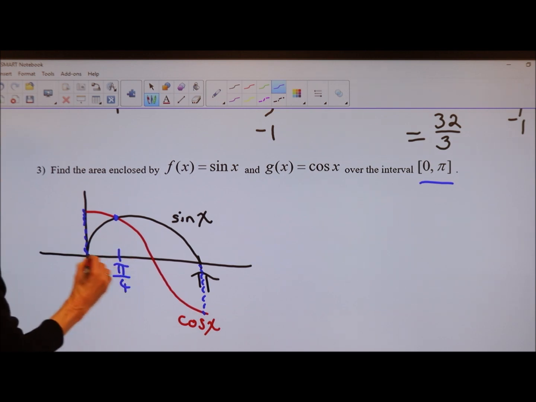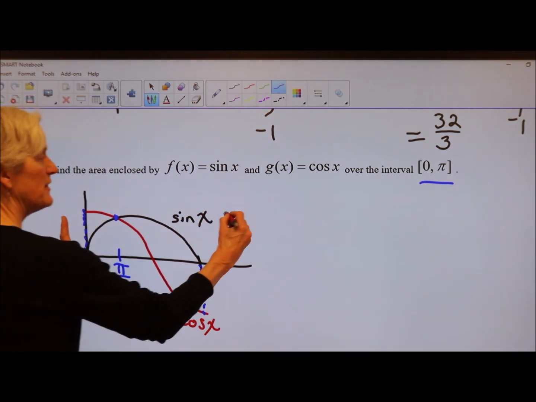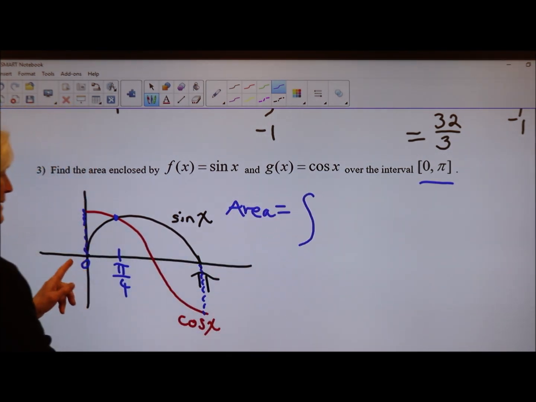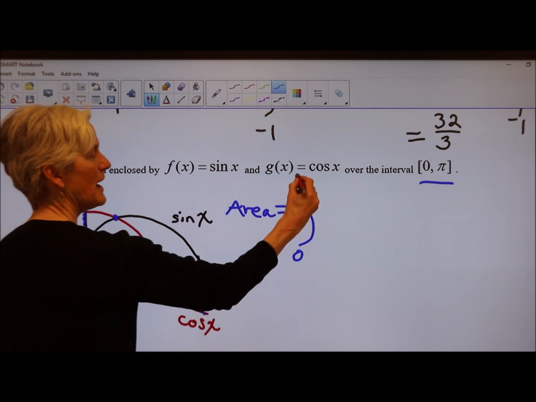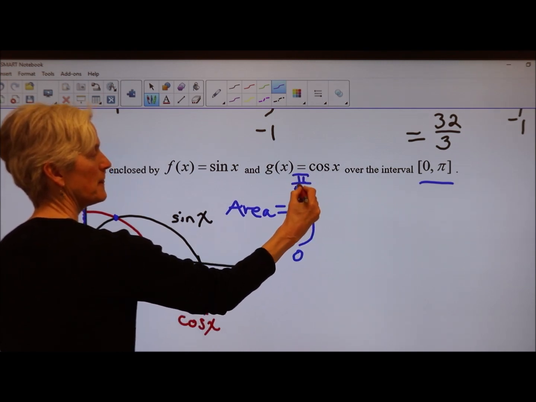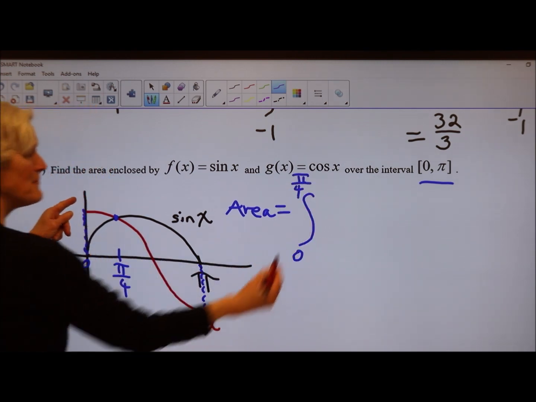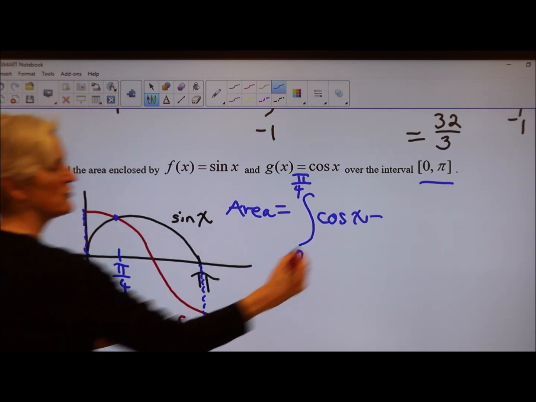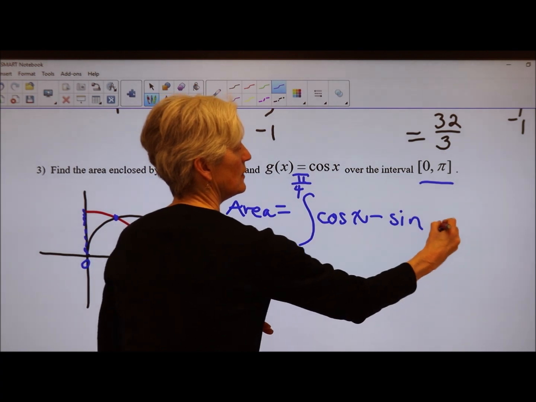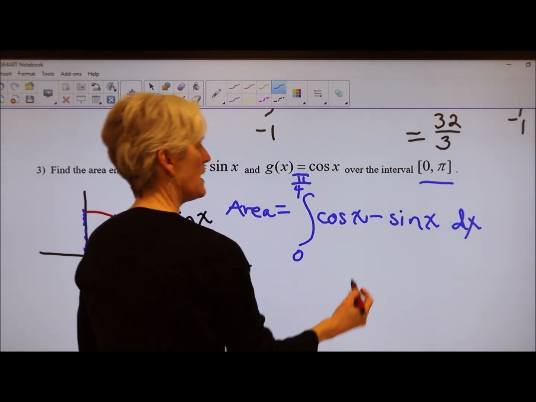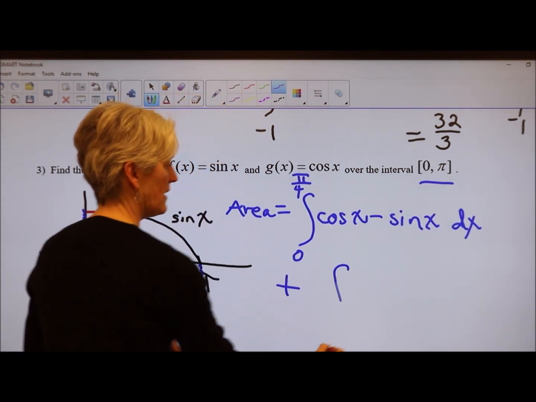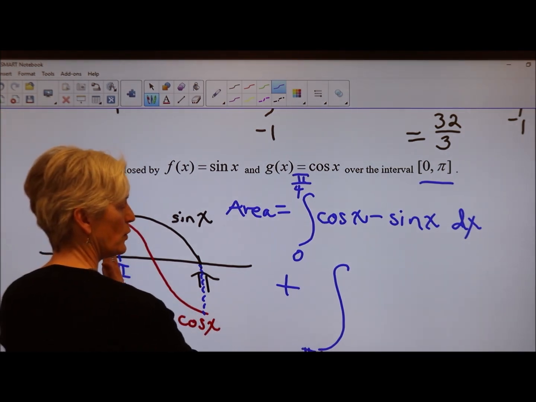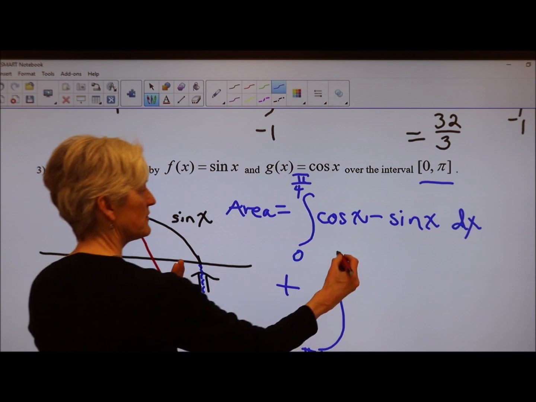All right, so I'm going for my first integral. The area enclosed by these 2 curves will be from 0 to pi over 4 of my top function, which is cosine of x, minus my bottom function, which is sine of x dx, plus this piece right here, which is going from pi over 4 all the way up to pi.